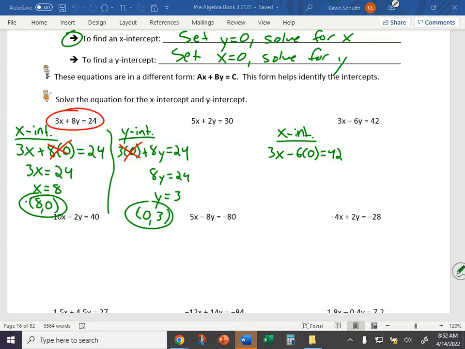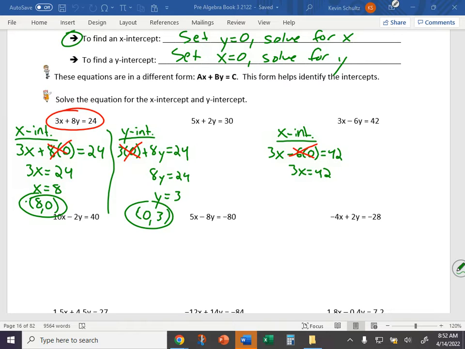Again, setting y equal to 0 allows us to cancel this term out. And we've got a one-step equation to solve. 3x equals 42.